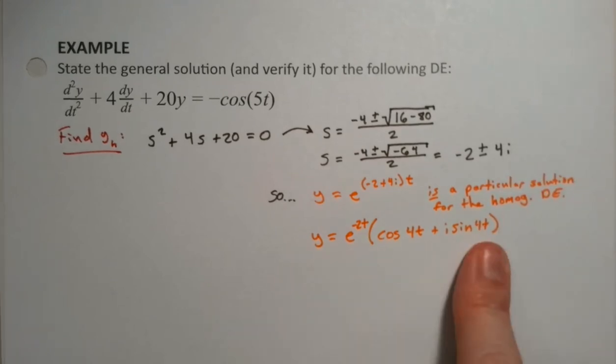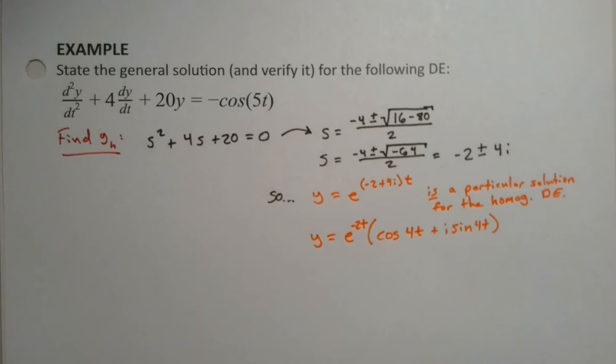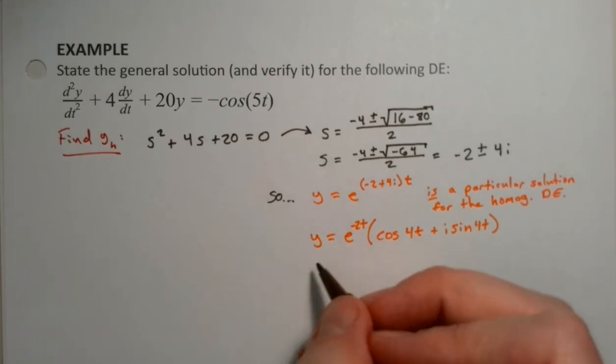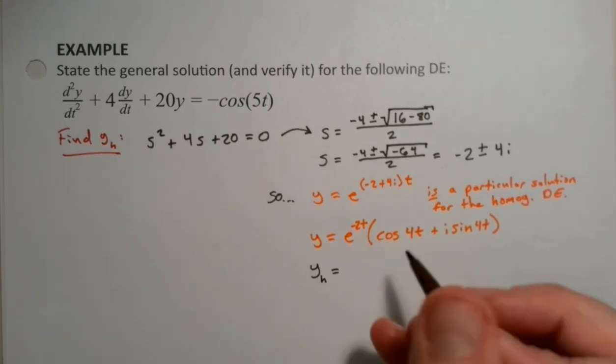So this is actually our particular solution in an expanded form. But, and this is the good part, that means there's a real part and an imaginary part. So we've got two parts that we can put together to get our general solution.